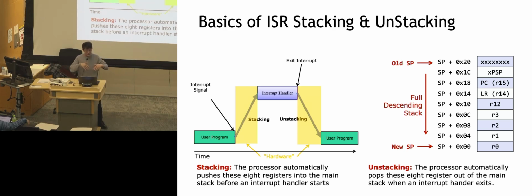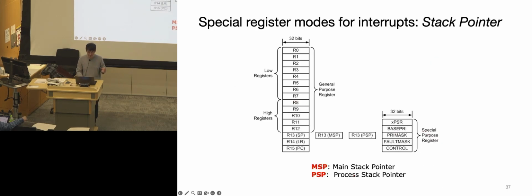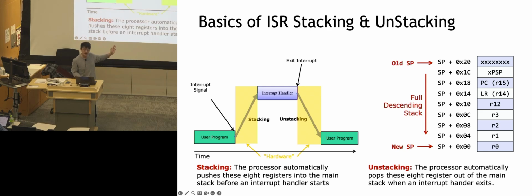Whenever it finishes the subroutine calls and the interrupt event, it will unstack everything and put it back, and then the program will be back to where it was in the main function or whichever function it was previously in. I hope this image is quite clear.